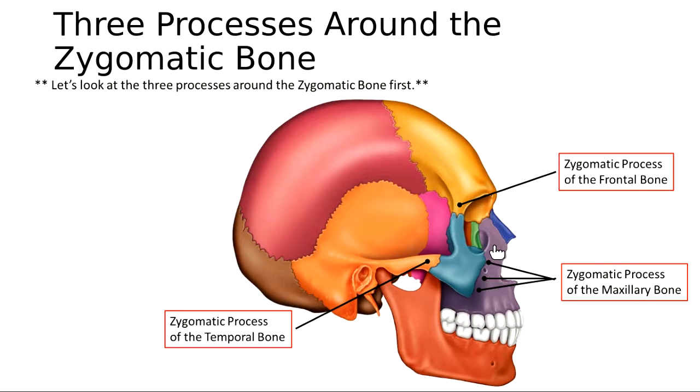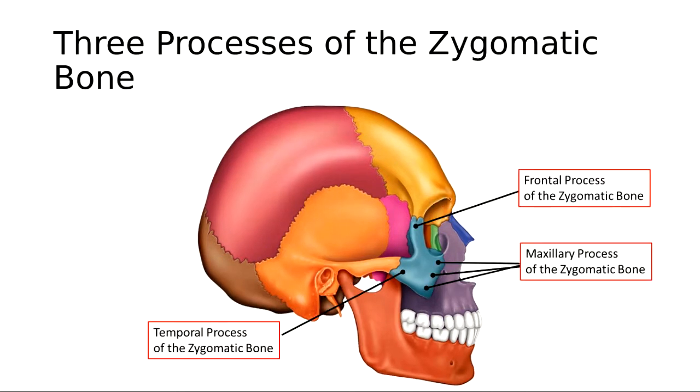So all these bones around the zygomatic have processes. The zygomatic process of the frontal, the zygomatic process of the temporal bone, and the zygomatic process of the maxillary bone. And likewise, the zygomatic bone has 3 processes that join to those 3 bones around it.